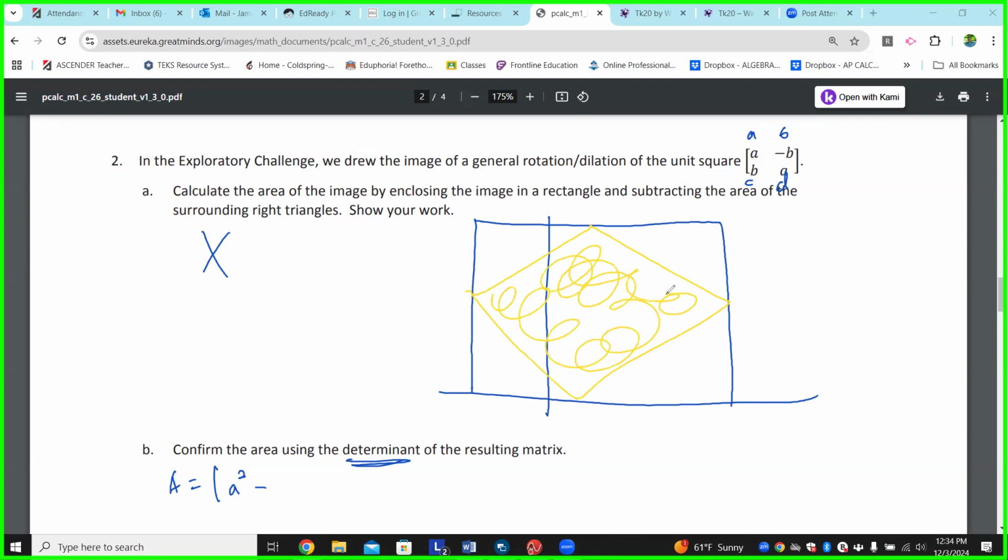The information given to you is this is A, this is B, this is A, this is B, this is B, this is A, this is A, this is B.